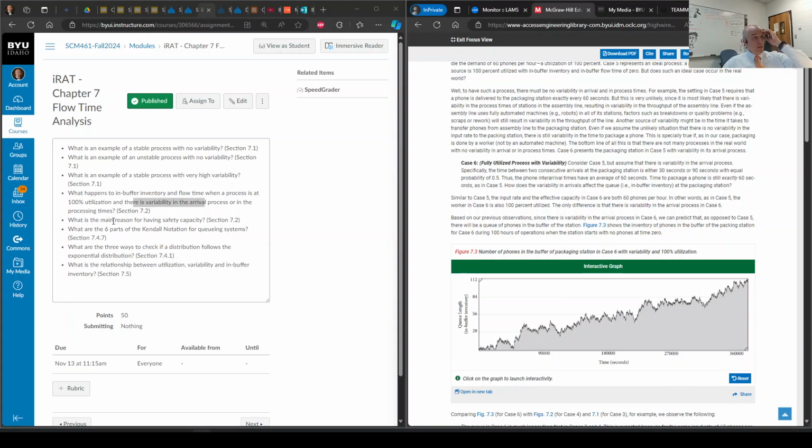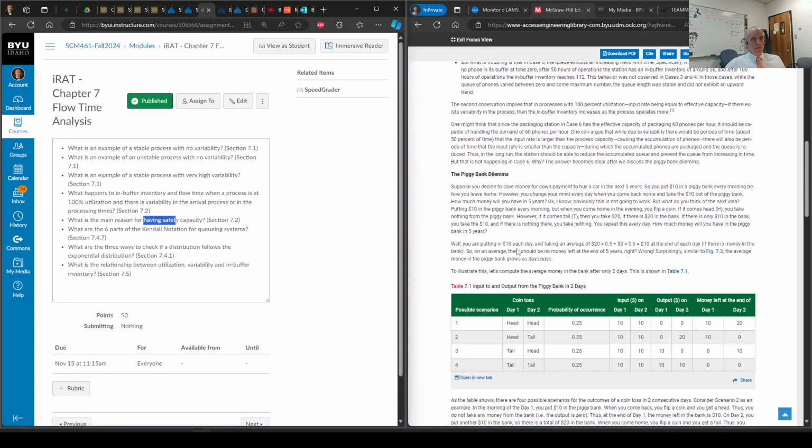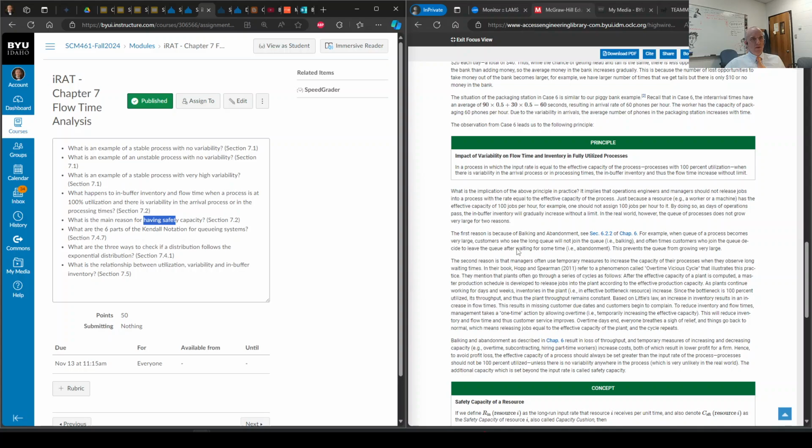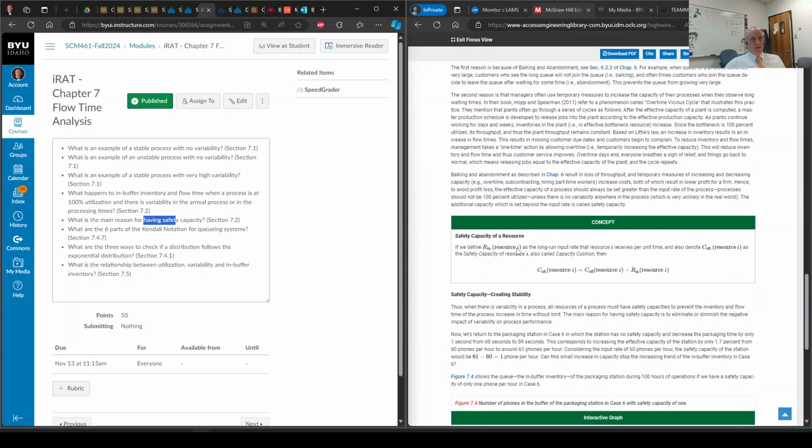What's the main reason for having safety capacity? This talks about safety capacity farther down here. Safety capacity as a concept is here. Safety capacity creates stability.